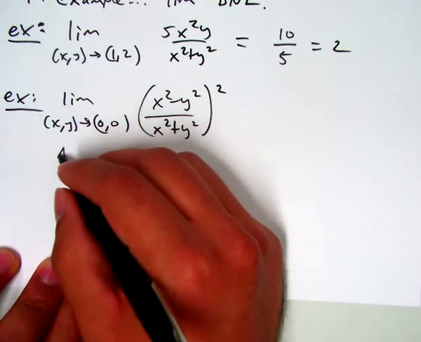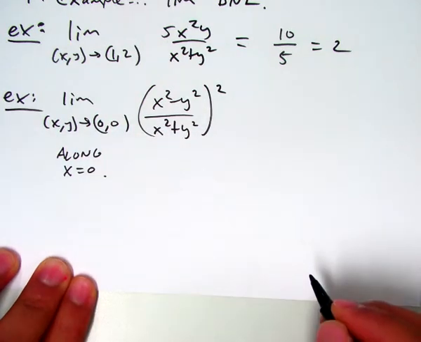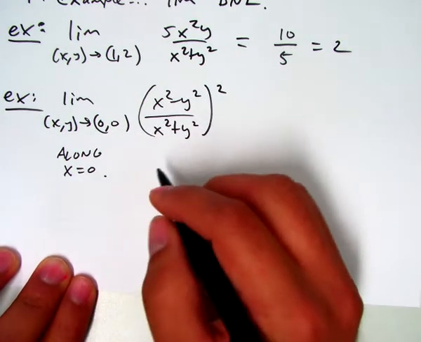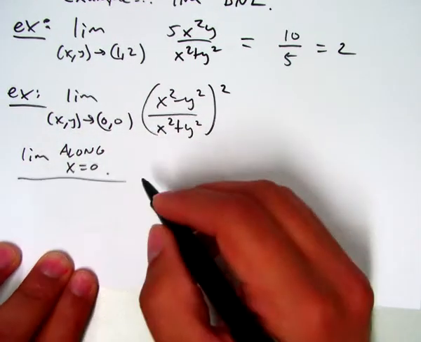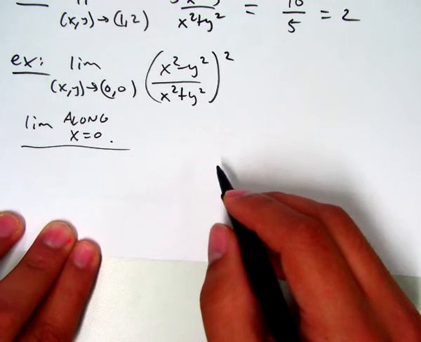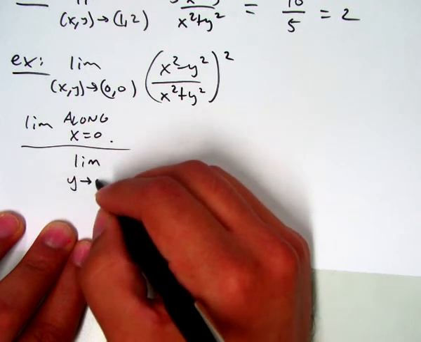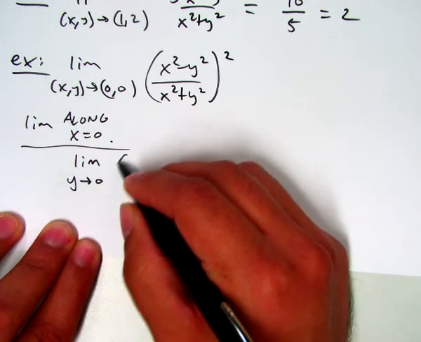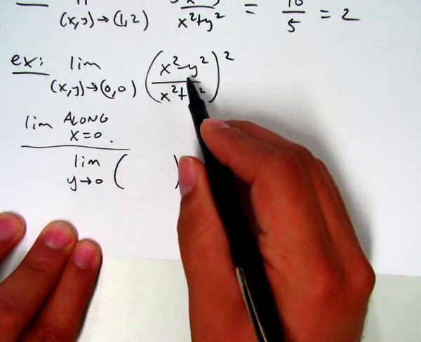Let's check along x equals 0. What is the limit along x equals 0? Now we just have the limit as y approaches 0 of, if x is 0, then what's left in the numerator?